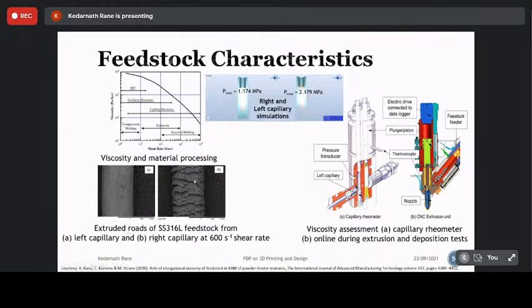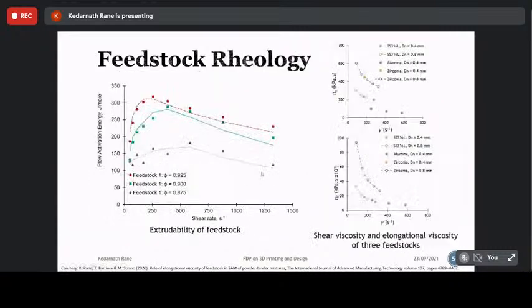One is smooth and one is very rough, what is called this? I don't remember the terminology. I think shark skin defect on this kind of extrusion. But in between, the extrusion pressure is different for each kind of rod, and you can have a compromise between the extrusion pressure and the quality of the deposited rod.